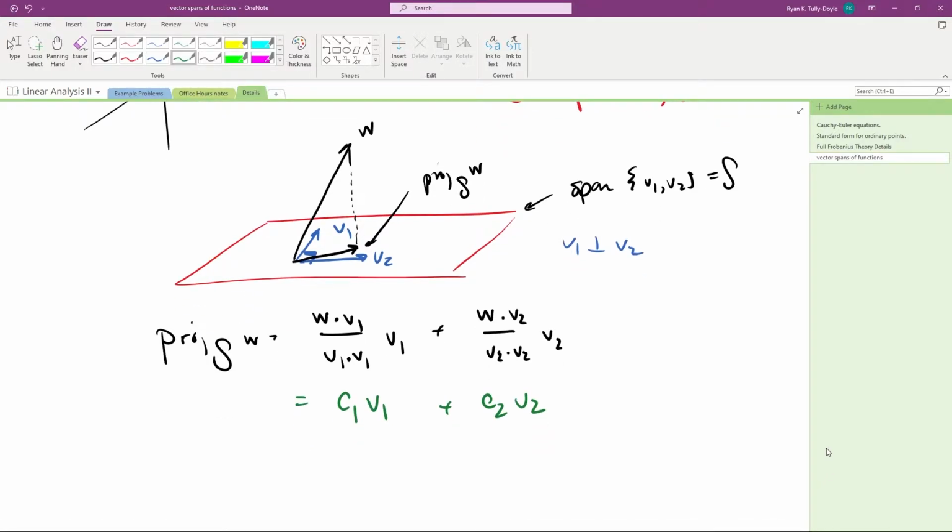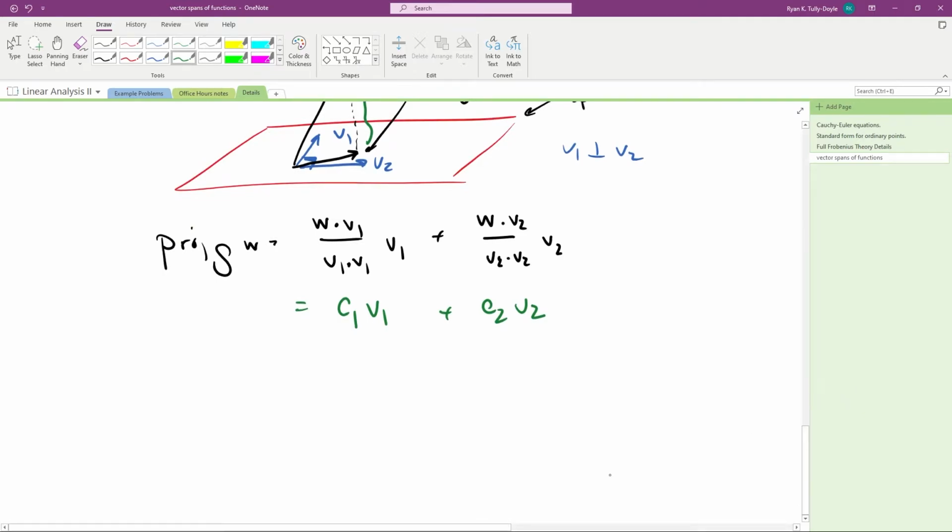Now, one of the really awesome properties of the projection onto a subspace is that it's the closest vector in the subspace to the original vector that you started with, in the sense that this distance right here, or you can think of it as the error between w and the space that you're mapping it onto, that distance is minimized by this idea.